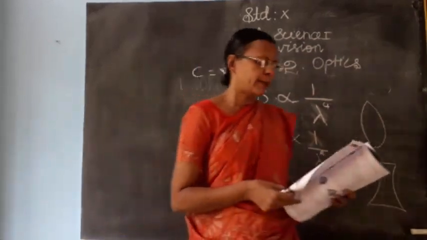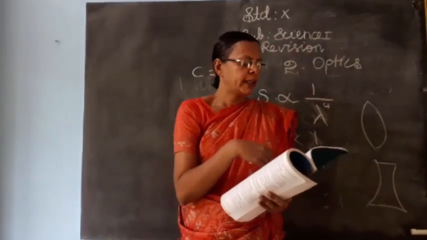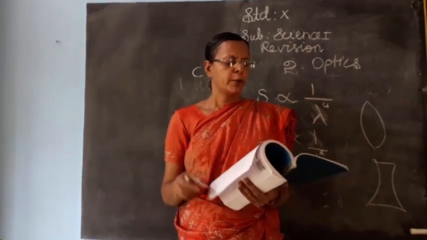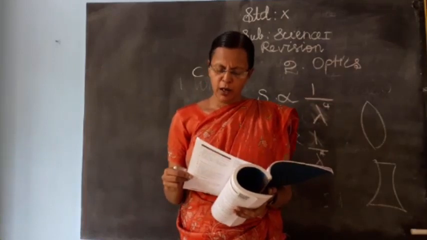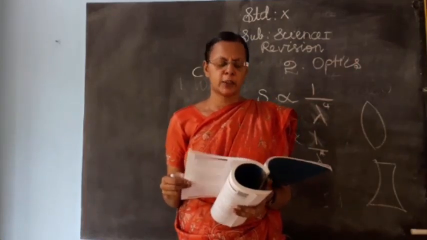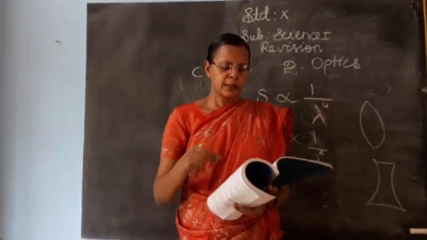Next is the lens maker's formula. Like that, all the remaining topics: defects of vision, simple microscope, compound microscope, uses of simple microscope, uses, advantages and disadvantages of telescopes, types of telescopes, traveling microscope.